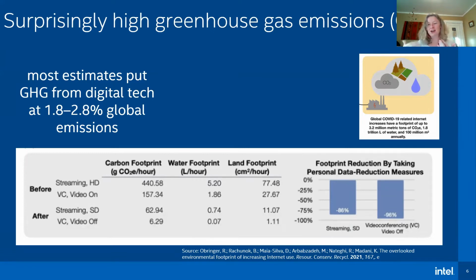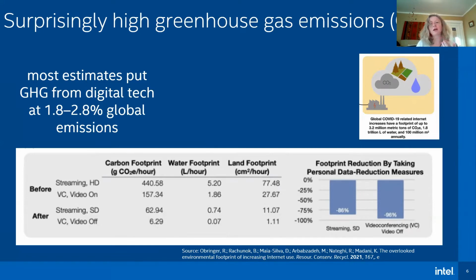Another thing we can do, and I can imagine all the videos going off, please don't everyone do that, is turning your video off during Zoom meetings, right? Also a significant way of reducing your personal footprint.